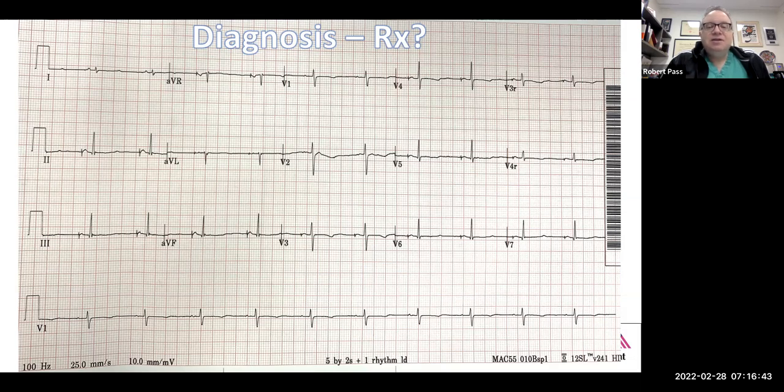And so the last thing that you would want to do to someone who has long QT syndrome is give amiodarone, because amiodarone prolongs the QT, and the expectation is that the small amount of prolongation will in fact aid as an antiarrhythmic agent.